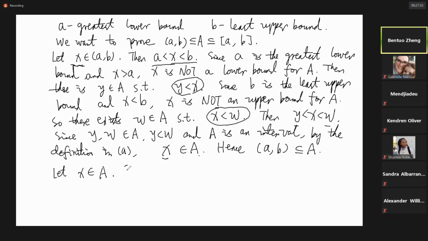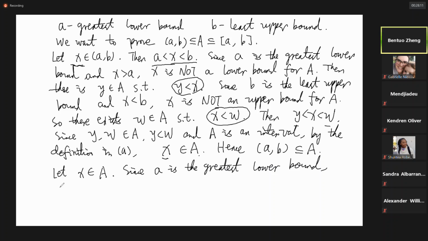Now, since A is the greatest lower bound, in particular, the greatest lower bound is a lower bound.